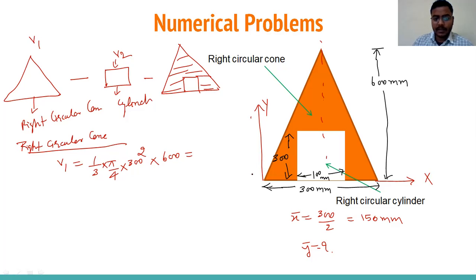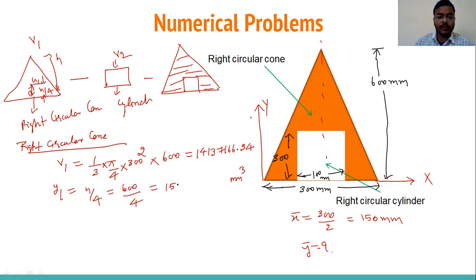By solving, this value will come 1,413,7166.94 mm3. And what will be y1? For this right circular cone, we know the center of gravity is h by 4 from the base. The total height is 600, divided by 4, it will come 150 mm.